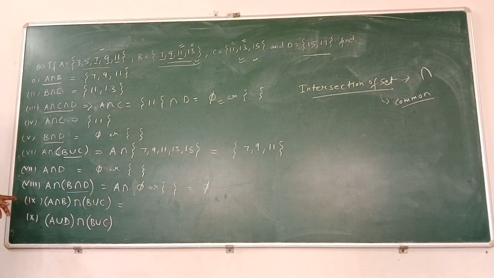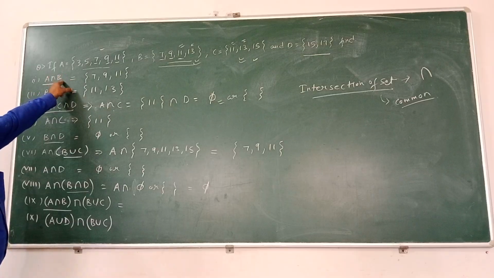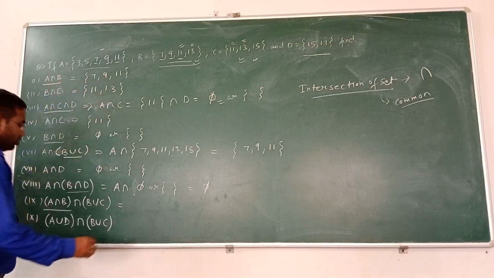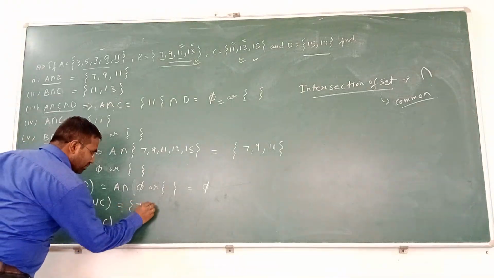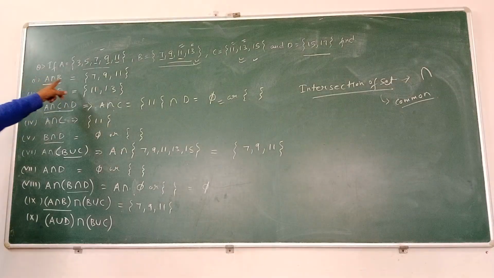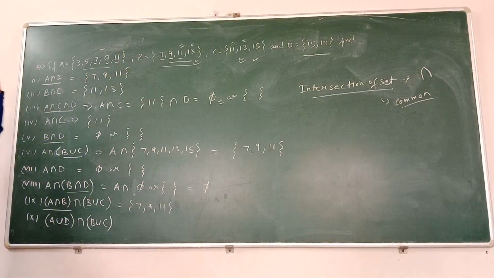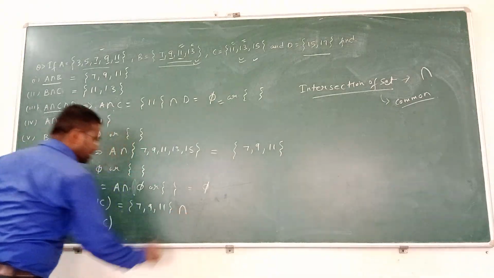Okay. Now see this one. In this one, what is it saying? A intersection B, and intersection A, B union C. So first of all you have to write A intersection B. So A intersection B we have already done here. See here, 7, 9, 11. Okay. How have we done it? You will see the common elements in both. So 7, 9, 11 are common elements. So you will write here. Now here you will put the intersection.